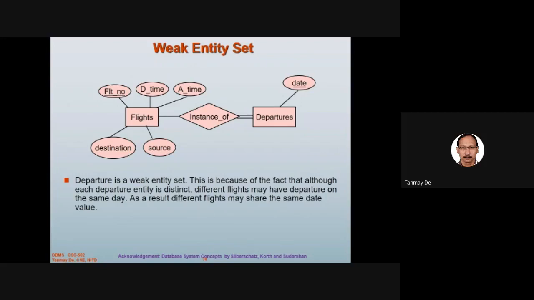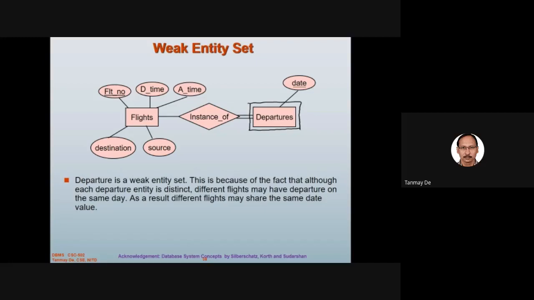By our convention, this is a double line rectangle. That is the departure here as a weak entity set. Its existence depends on another entity set, or strong entity set, flight.